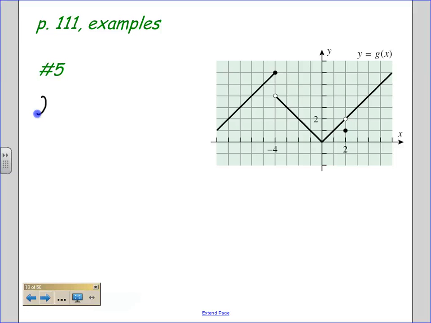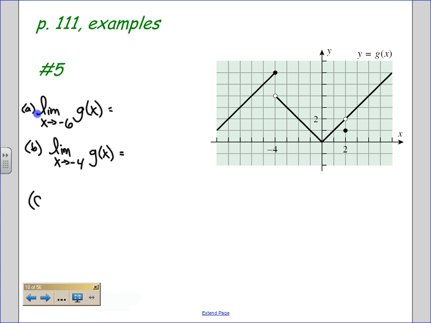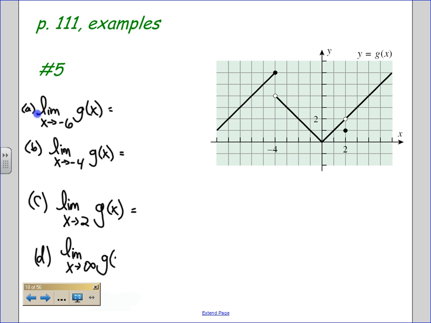Let's do the limit as x approaches -6, as x approaches -4, as x approaches 2. Fill those puppies in.